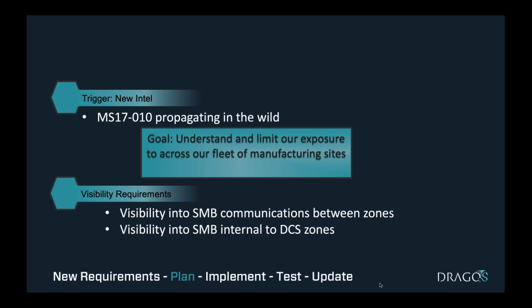So from a visibility requirements perspective, what we're really driving into this planning phase is the idea of, in this instance, one, visibility into SMB communications between zones, so moving from the corporate or business network into the operations network, as well as visibility into SMB communications internal to, say, a DCS, and being able to understand not just the versioning of SMB communications that's occurring there, but also malicious use of SMB.